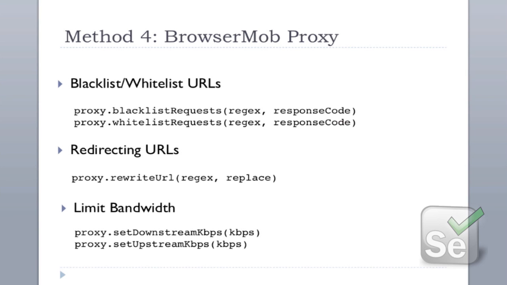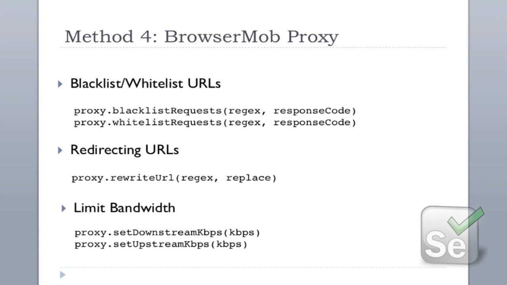So how do you do those extra testing benefits you get out of using a proxy? There's a whole slew of different APIs on the proxy object, and I've just listed a few of them here. The first one is blacklisting and whitelisting URLs. It just takes a regex. Anytime the proxy gets a URL that matches that regex, it just sends back whatever response code and an empty body.